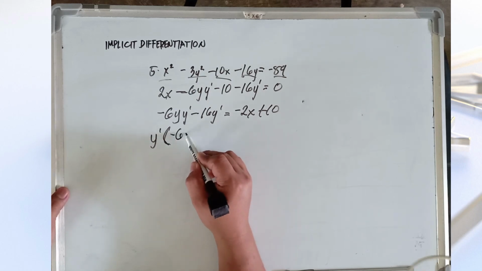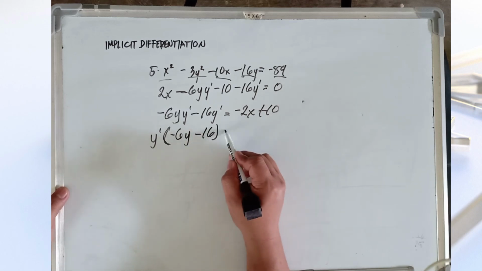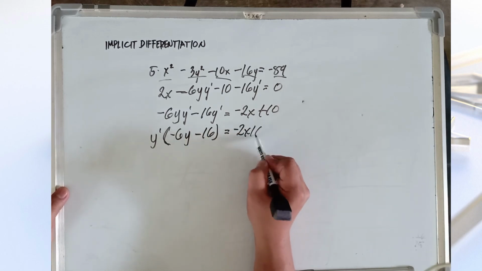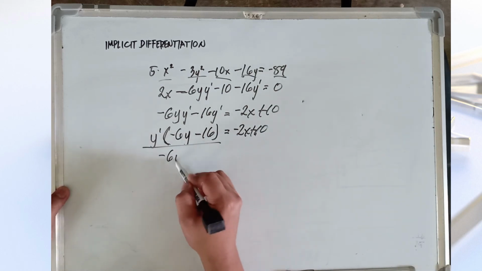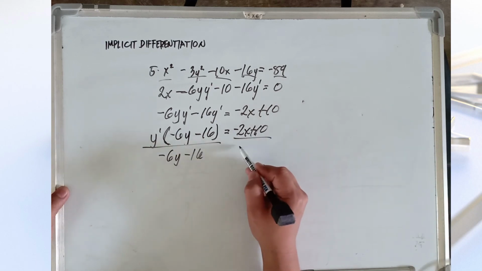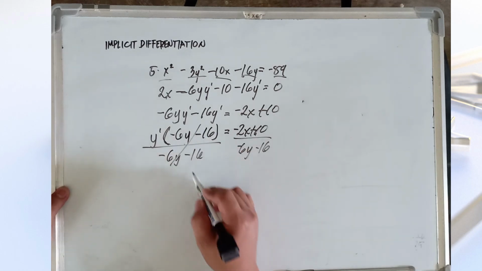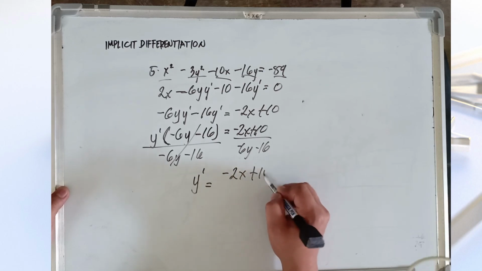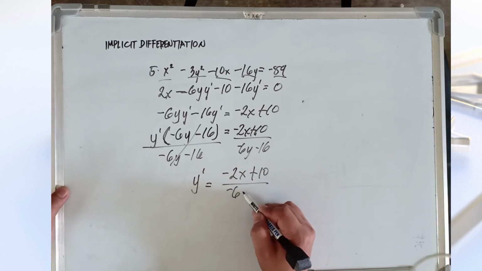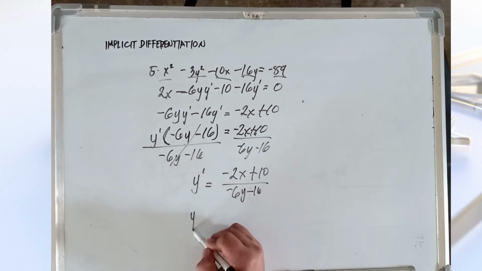We have negative 6y minus 16 is equal to negative 2x plus 10. Divide both sides by negative 6y minus 16. So cancel that out. We have now y prime is equal to negative 2x plus 10 over negative 6y minus 16.